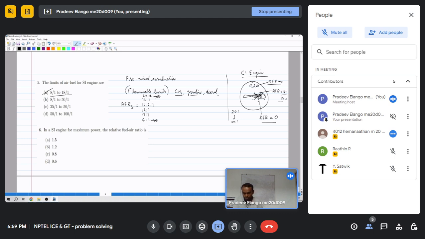So for maximum power, the relative fuel-air ratio can be 1.2.